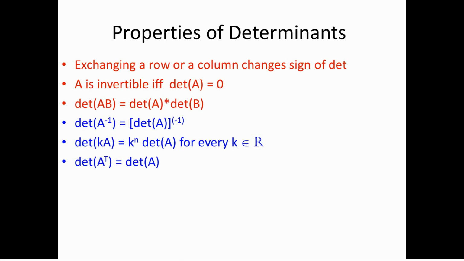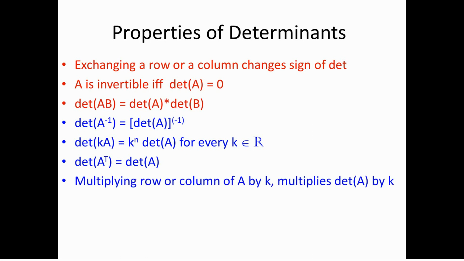The determinant of A transpose is the same as the determinant of A. Again, this is something that you can prove, and it basically follows from the fact that we can do a cofactor expansion with respect to a row or a column. So if we did the cofactor expansion with respect to the first row of A, we could do the same cofactor expansion with the first column of A transpose. But again, convince yourself that you really believe that.